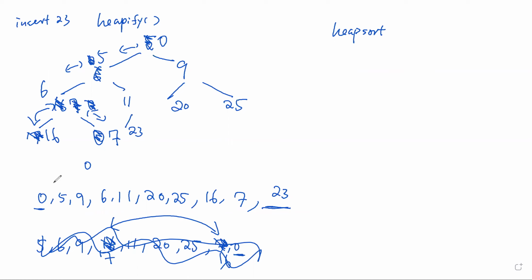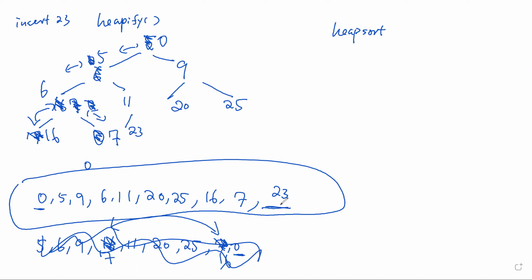But how does that work for this array? When we implement, we work on the array.